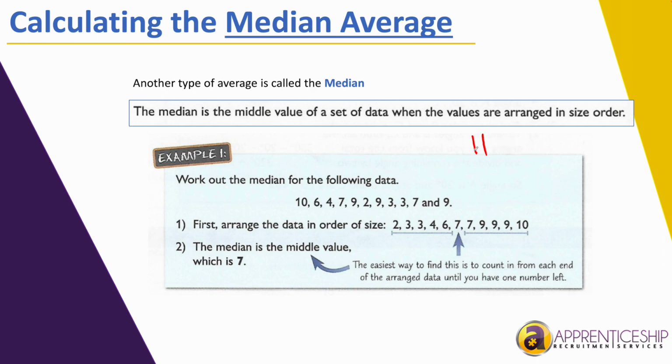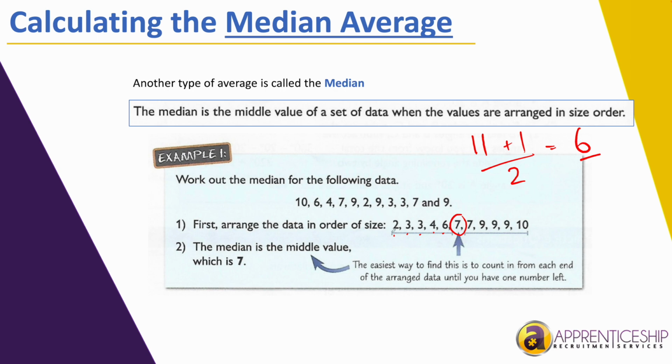So 11, what we do is add 1, which is 12, divide by 2 is 6. So we're looking for the 6th number in this set of data. So you add up how many numbers you've got in your data, add 1, divide it by 2, and that will tell us what number in this order we need to look for.